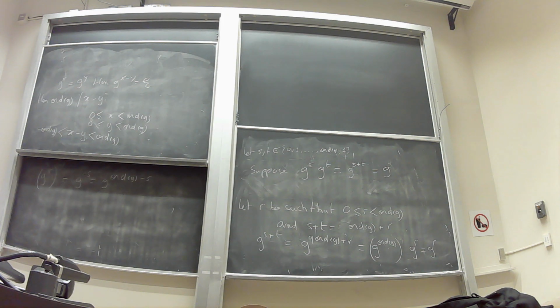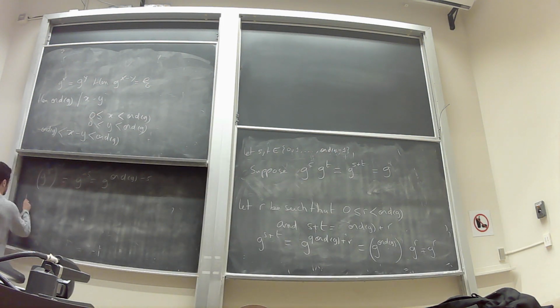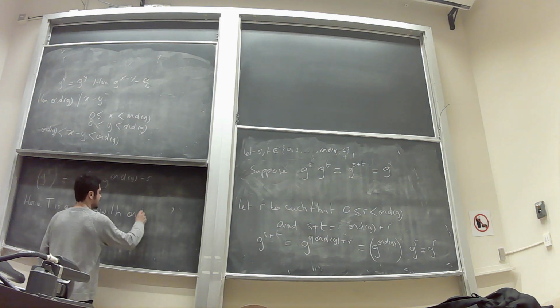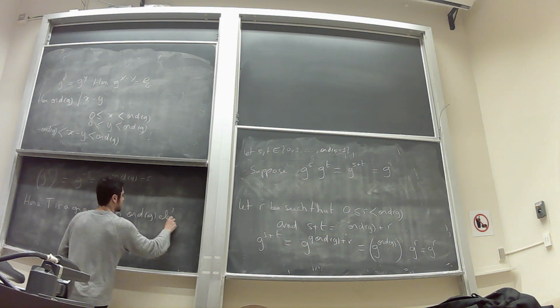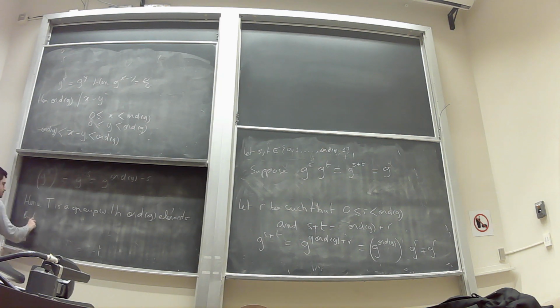So this set is a group, and T is a group with k elements, with order of g elements. By Lagrange's theorem, what can I say?